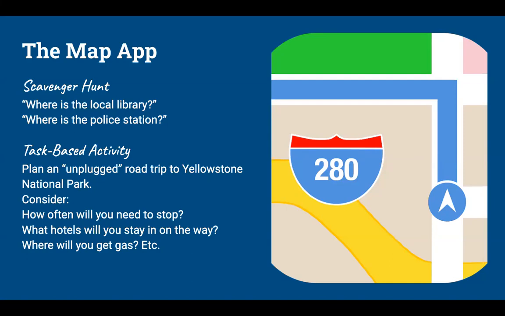So they'll use their Maps app to see, okay, if we want to stop every 4 hours, we need to find gas stations or restaurants that are going to be 4 hours from the previous destination. If we want to stay overnight, then we need to find hotels along the way. Where are we going to get gas, and those kinds of details.